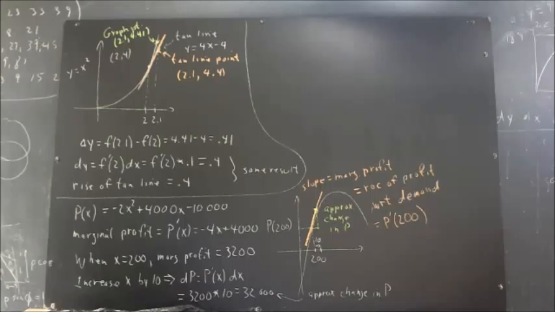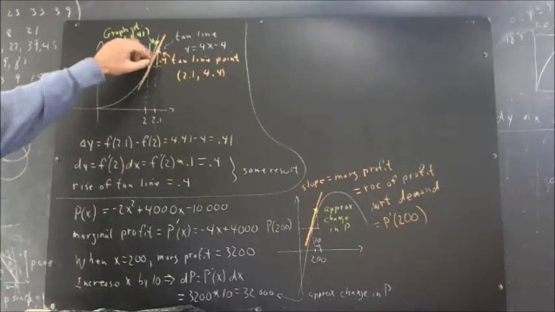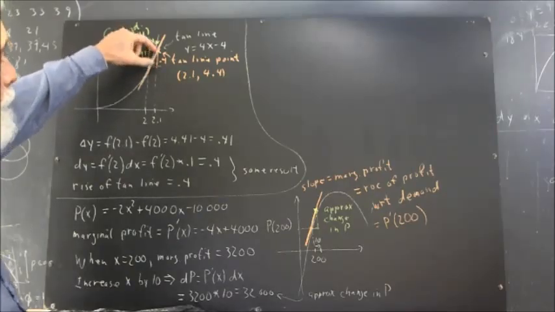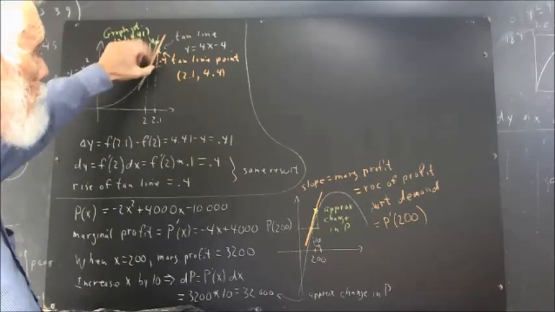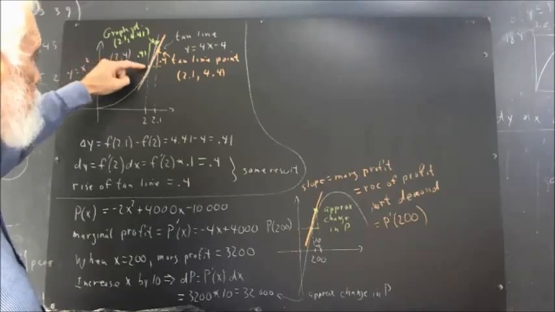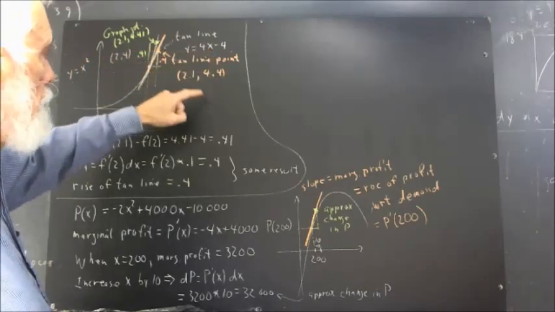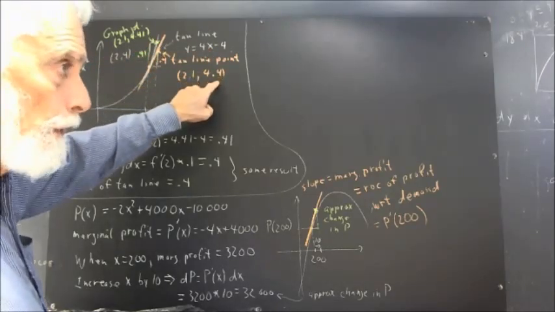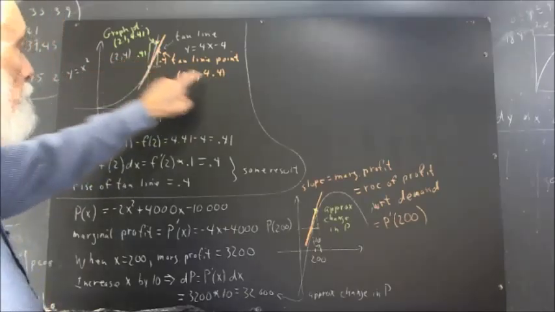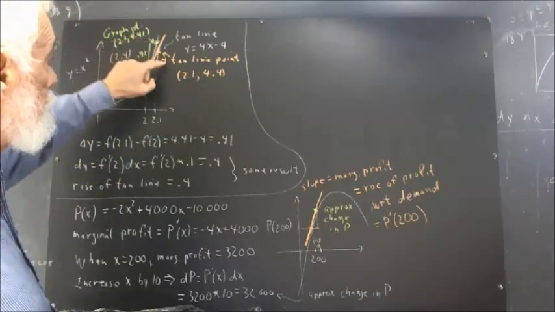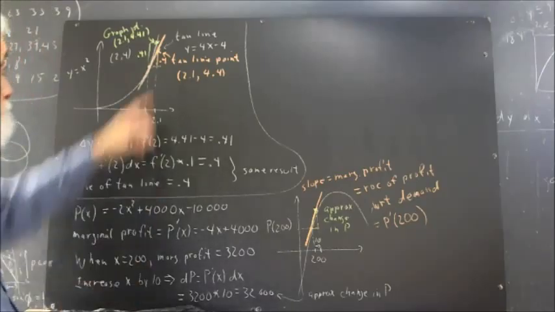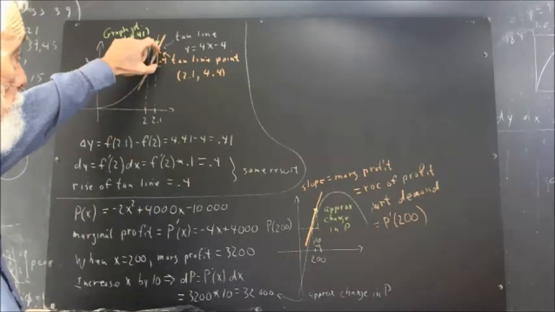I'm going to go off camera for a little minute and depict something here. Now I've added a little triangle here indicating the rise of 0.4 between the graph point (2, 4) and the tangent line point (2.1, 4.4). The rise from here to here is clearly 0.4, so we've got that indicated here.